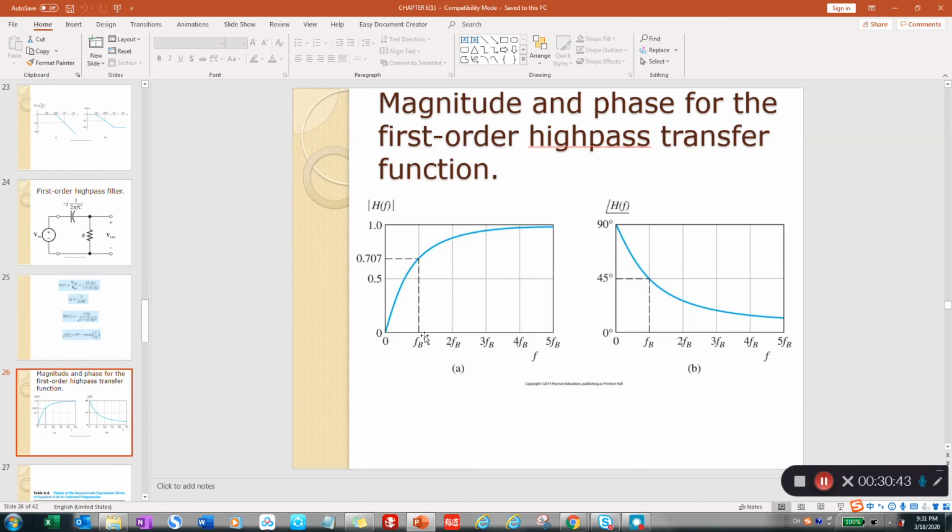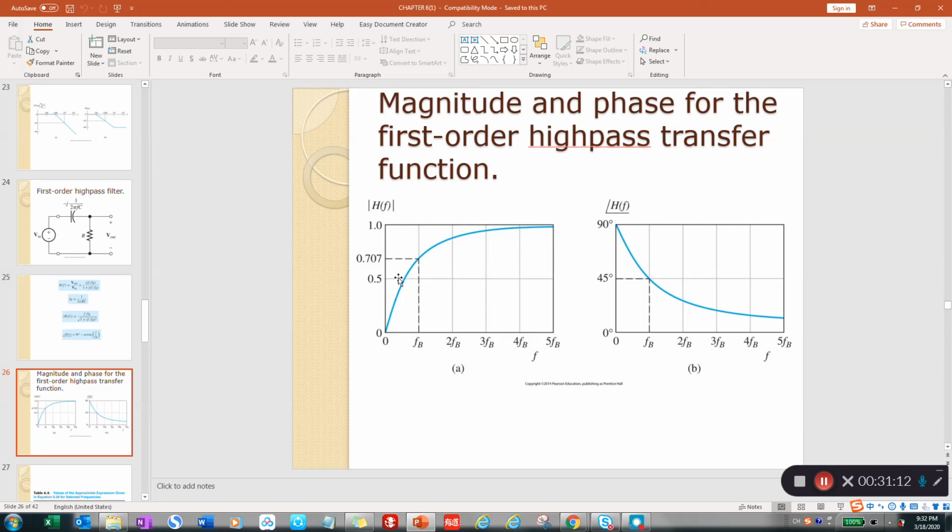You can see this graph indicates the magnitude and phase for the first order high-pass transfer function. You can see the difference if we compare the high-pass filter with the low-pass filter. Now, for the high-pass filter, for the higher frequency, the magnitude equals 1.